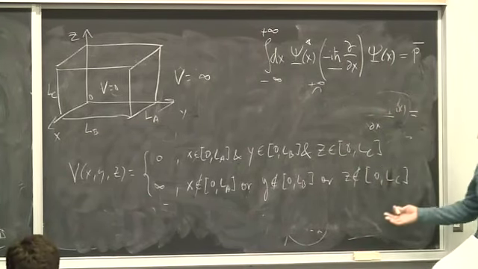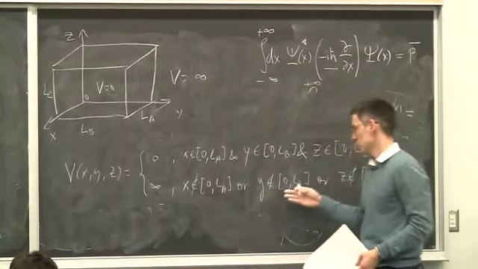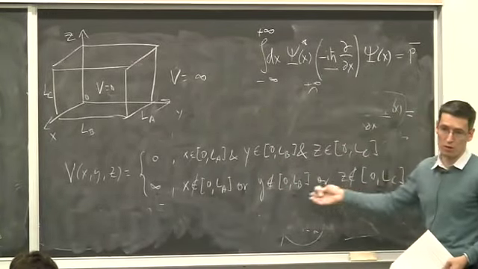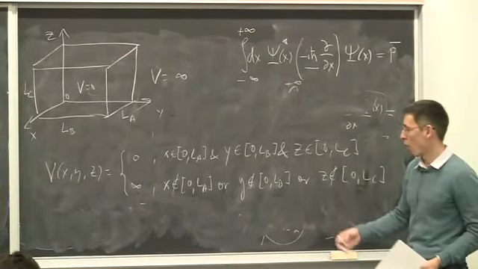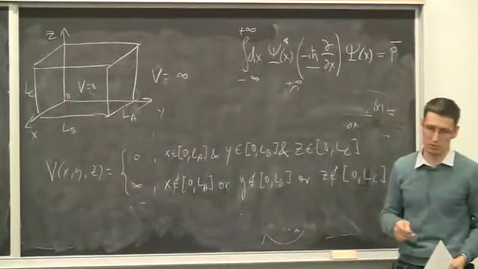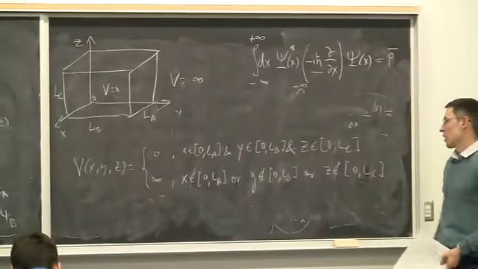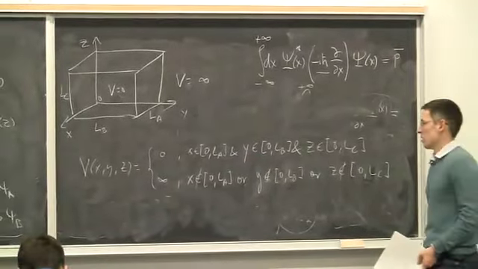Because it's enough for the potential to be infinite when one of these conditions is satisfied, or several of them at the same time. It is still true if x is not in the range and y is not in the range, or all three are outside of the range. But AND would require that x and y and z were all in the range. Okay.